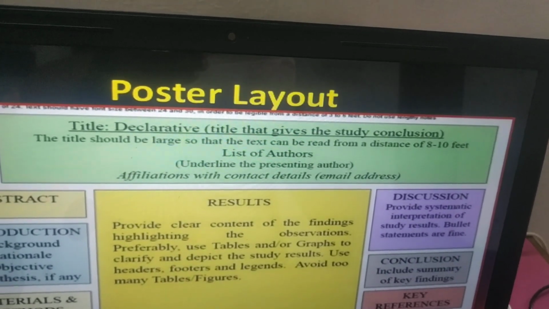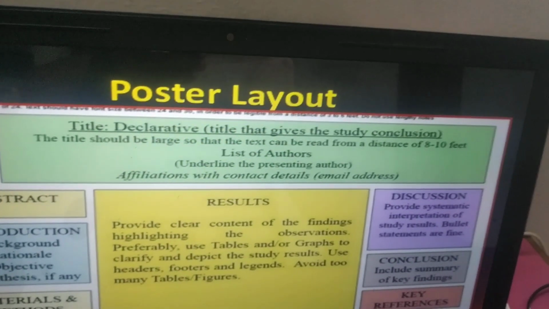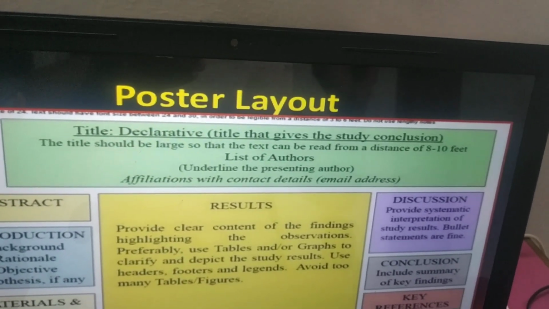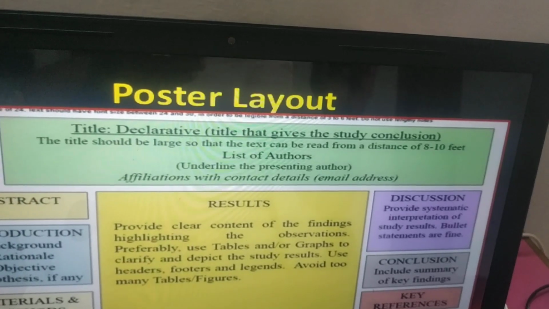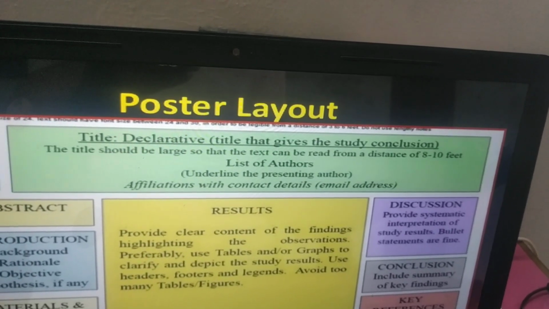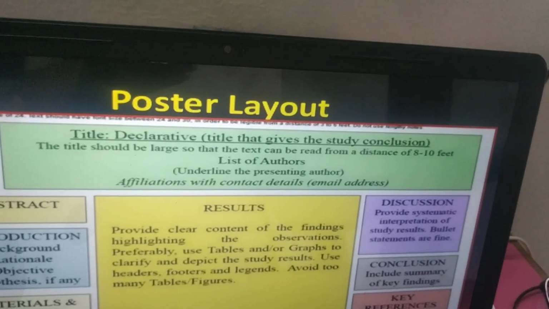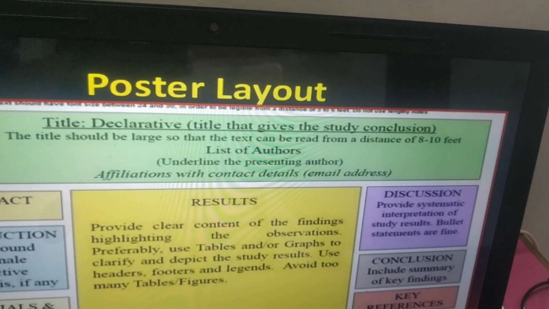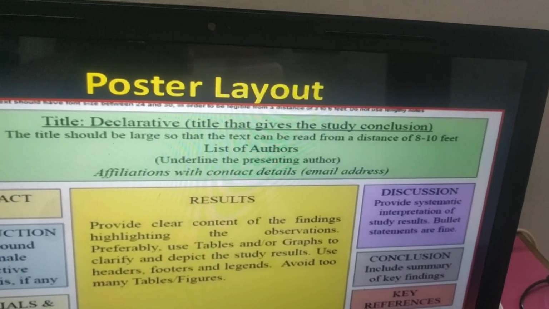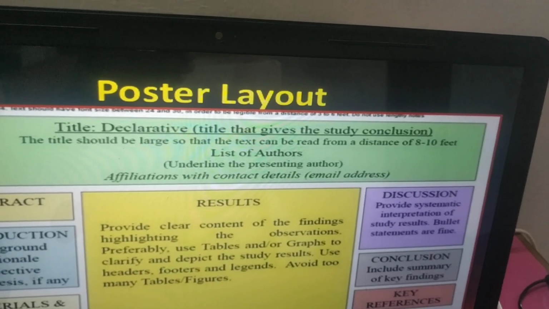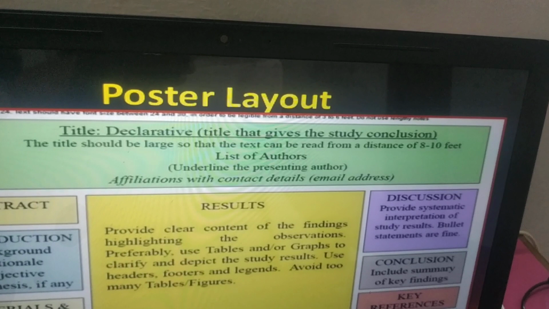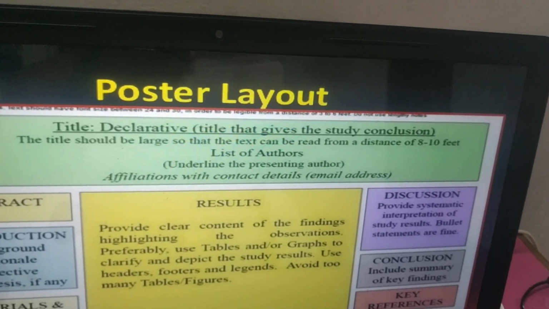Suppose I am giving 3 members, my name is first, since I am going to present, so I give my first name, and that should be underlined. Then followed by either my guide or my co-researcher and so on. Below that you have to give your affiliations with contact details. I am from CAS Marine Biology, Annamalai University. That should be written, and below that I have to give my email address.